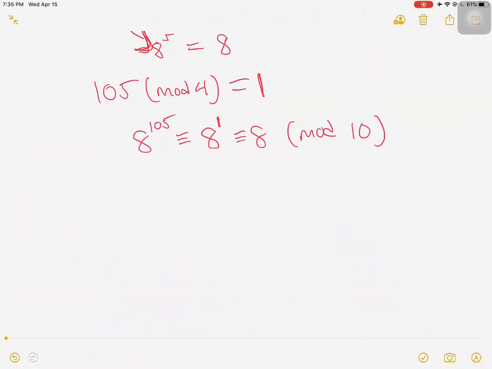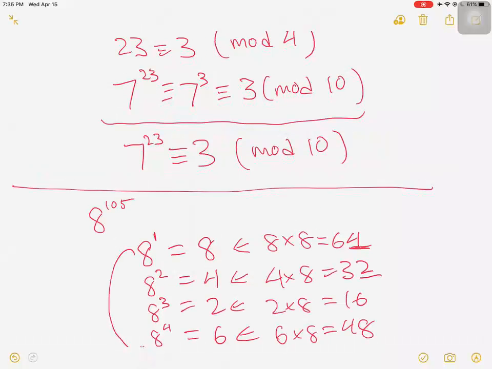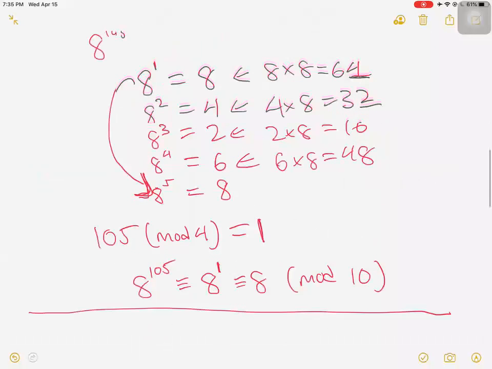Okay, yeah, thank you, David, for posting in the chat. So we've already found the 7 to the power of 23 part, and the 8 to the power of 105 part, mod 10.